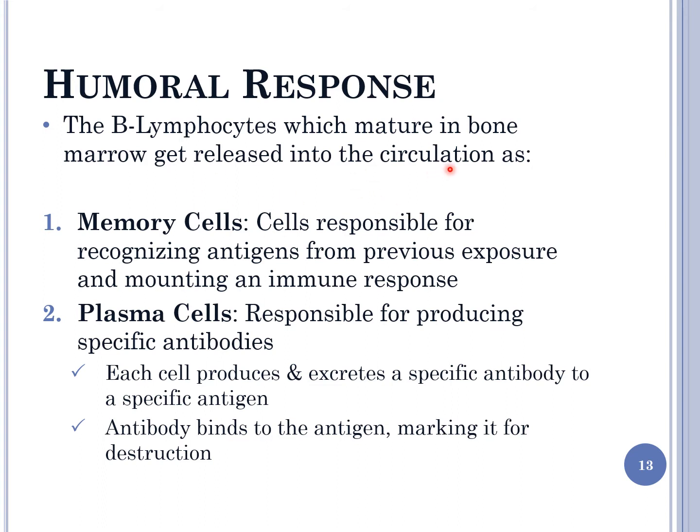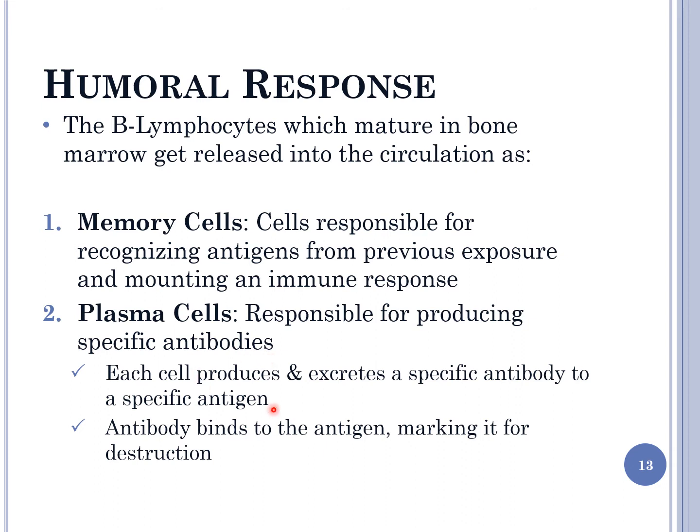So we already mentioned this. You know it goes directly into circulation. You know that here under the humoral response, the way it manifests itself is that you have memory cells. So these are cells responsible for recognizing antigens from previous exposure and mounting an immune response. So you've gotten sick before, you've gotten some antibodies produced, right? Because the plasma cells are present here, responsible for producing specific antibodies.